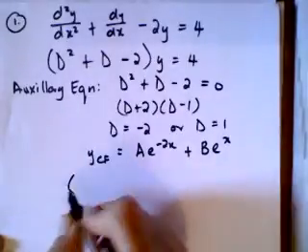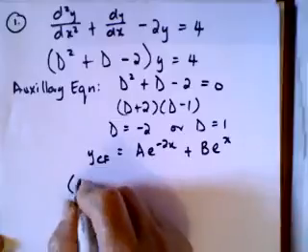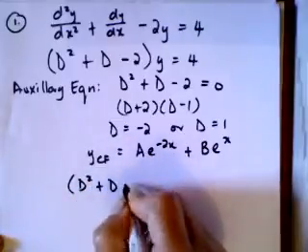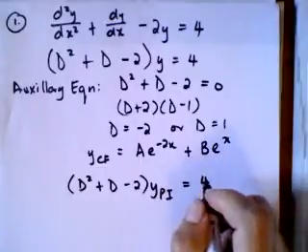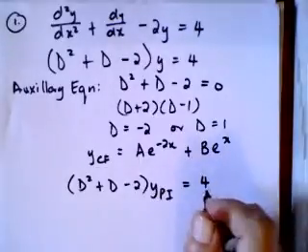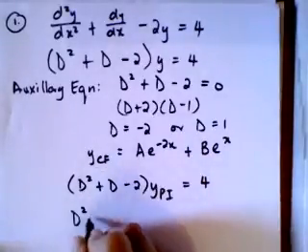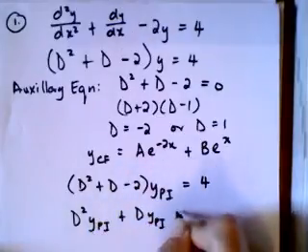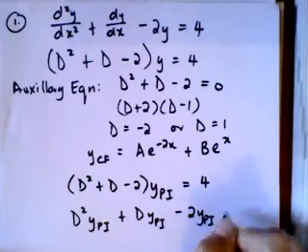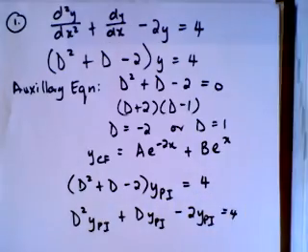So we know it'll be the auxiliary operator times y_PI has to be equal to 4. So I can write this as d²y_PI/dx² plus dy_PI/dx minus 2y_PI equals to 4.